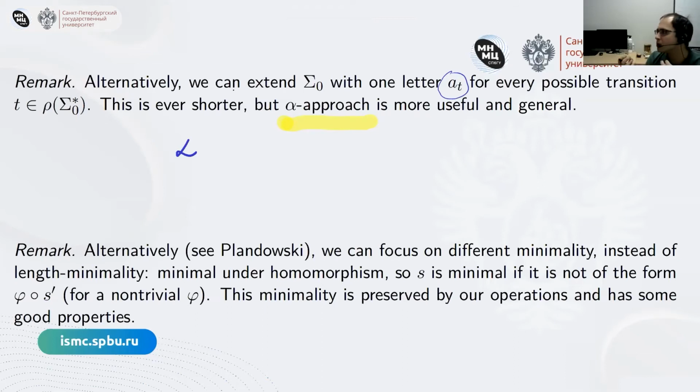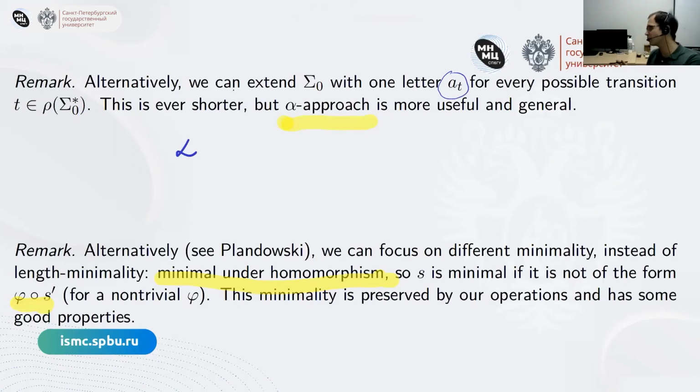But we could also develop some different notion of minimality, and there's also minimality under homomorphisms, which was originally used by Plandowski also for regular constraints and for some other applications. It means that a solution is minimal in this homomorphism setting if it cannot be obtained from a different homomorphism by applying something on top.